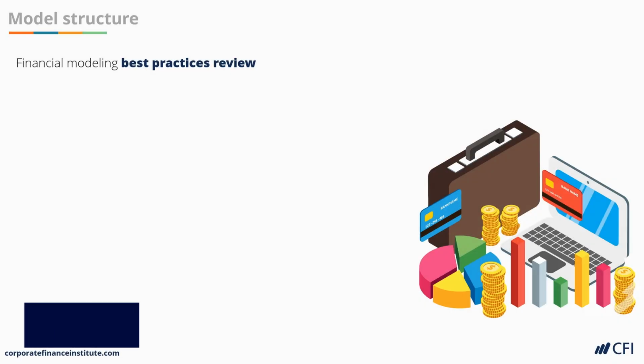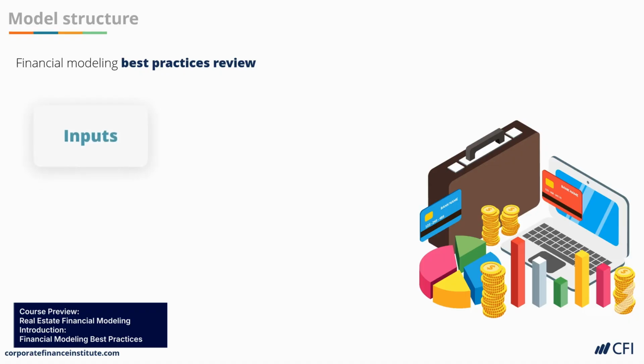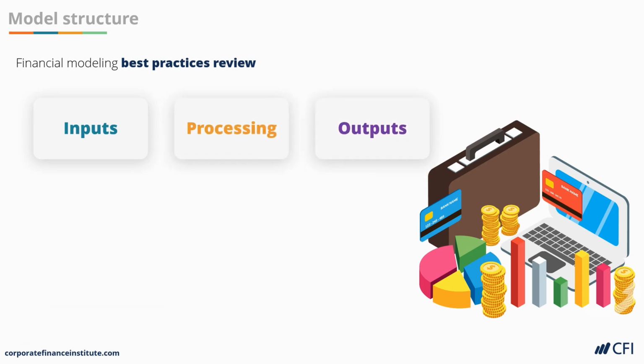Let's quickly review some of the financial modeling best practices that we've covered in earlier FMVA courses. Models are always broken into three sections: the inputs area, the processing area, and the outputs area. The inputs are where all of the assumptions are contained, and they should be clearly identified using color formatting and should all be easy to understand and easy to change.